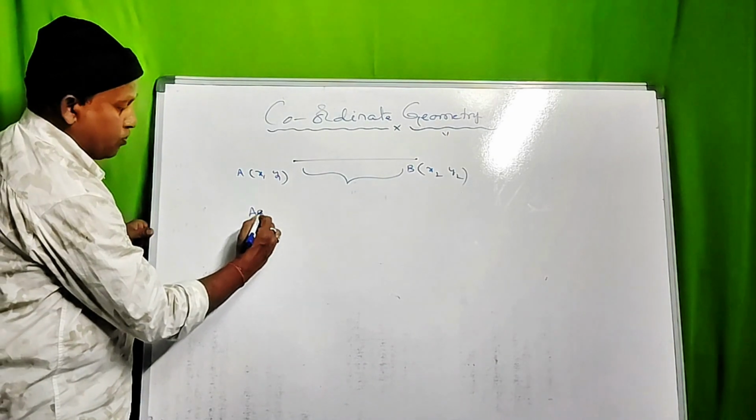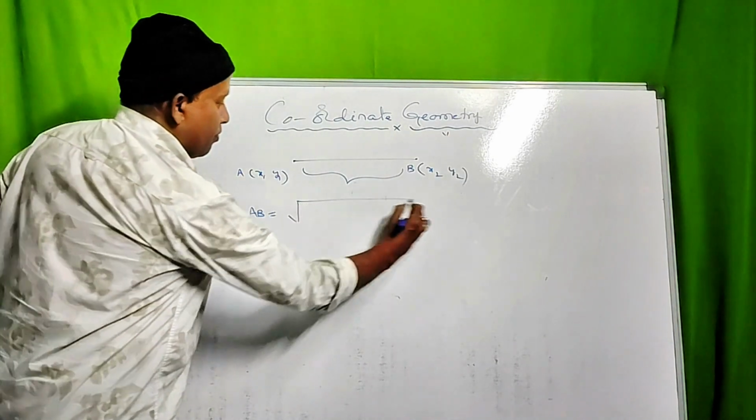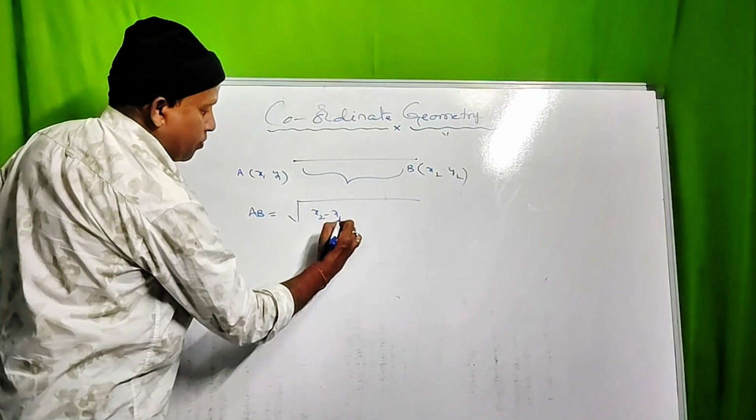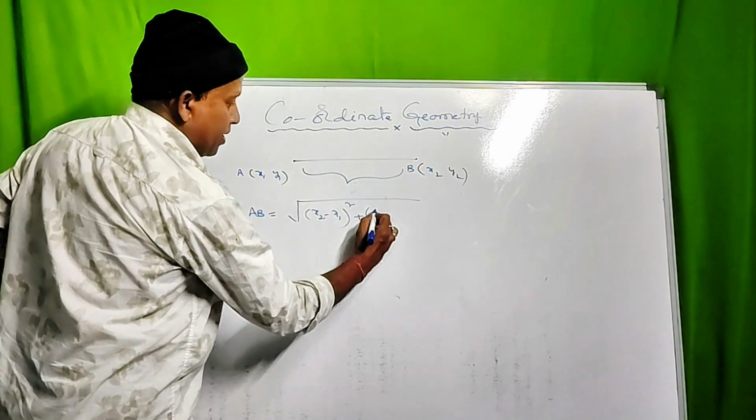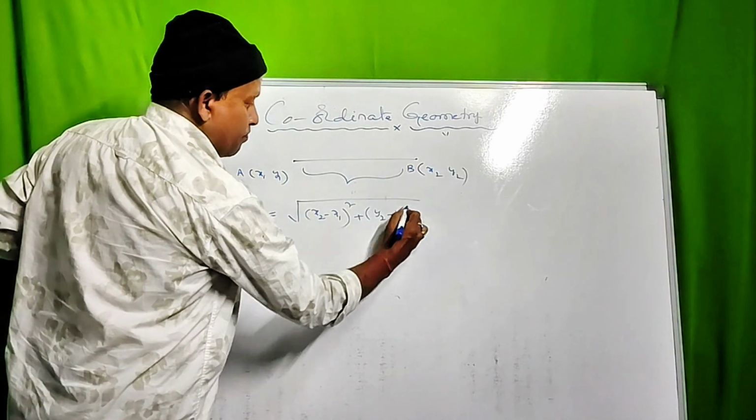So AB equals the square root of (x2 minus x1) whole squared plus (y2 minus y1) whole squared.